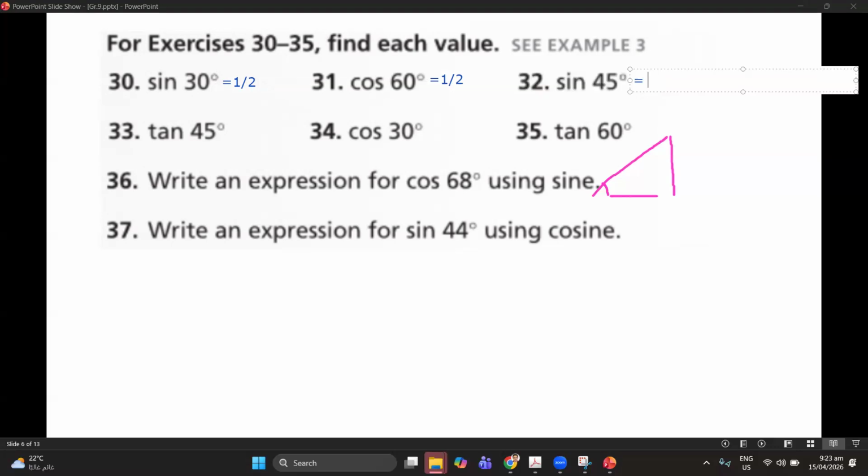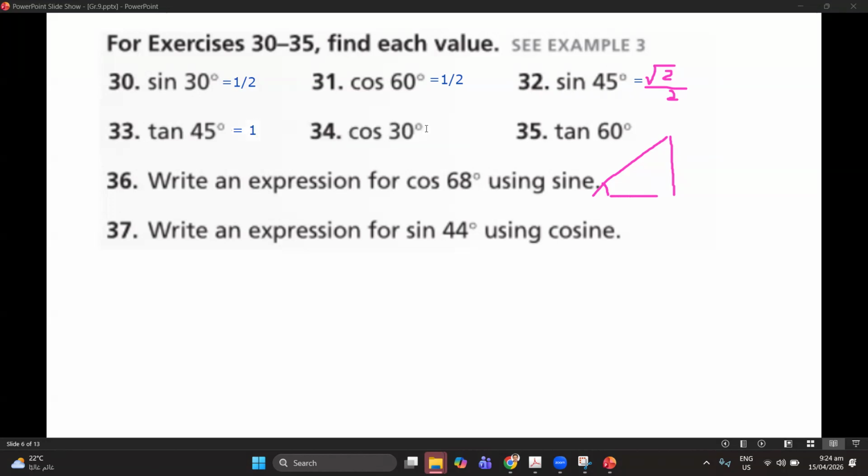It's square root of 2 over 2. Now, what about tan of 45? It's 1. Excellent.